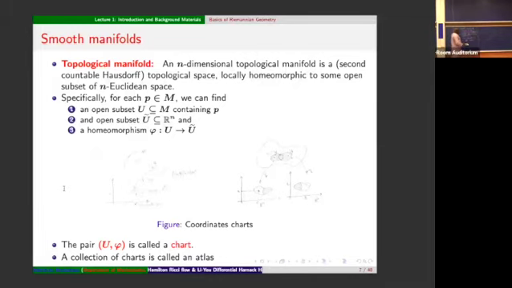So by that, let M be a topological space.